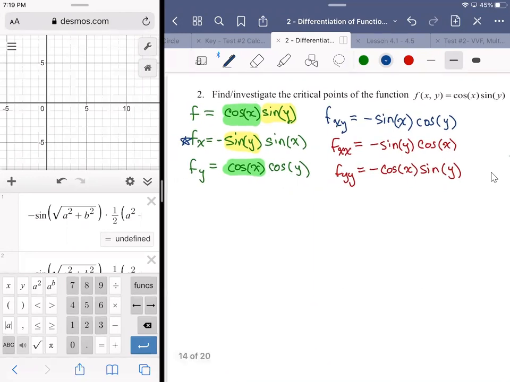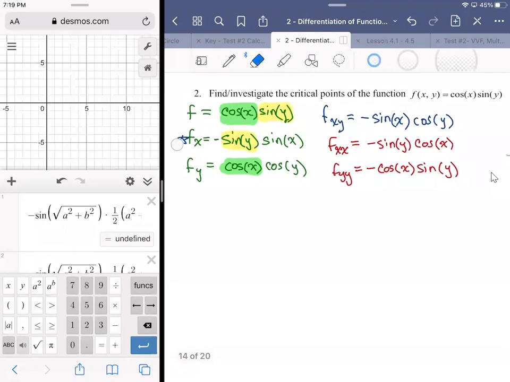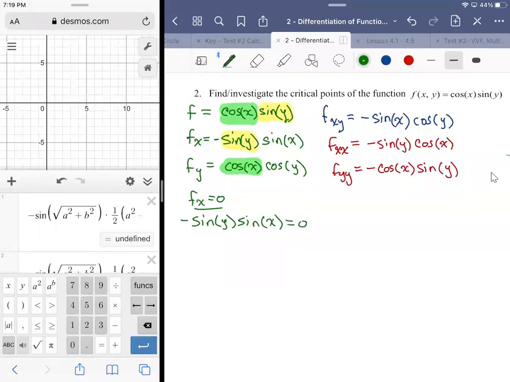All right. So I need my critical values. And I get that by taking my first order partials and setting them equal to 0. So negative sine y, sine x, set equal to 0. I'm going to do the same thing for the first order partial with respect to y, cosine x, cosine y.